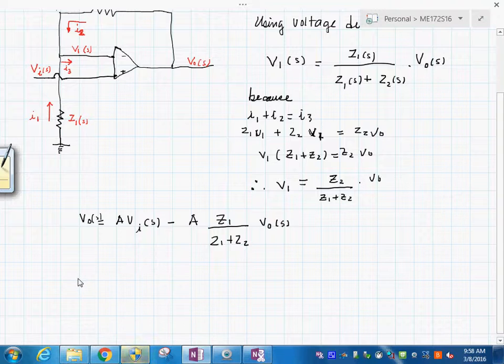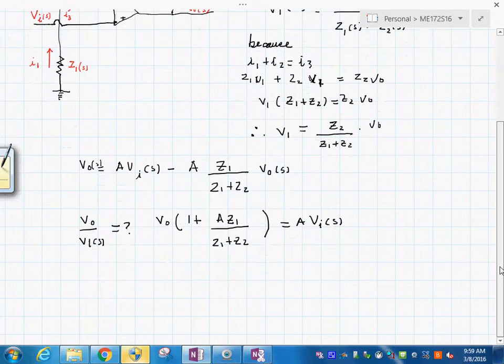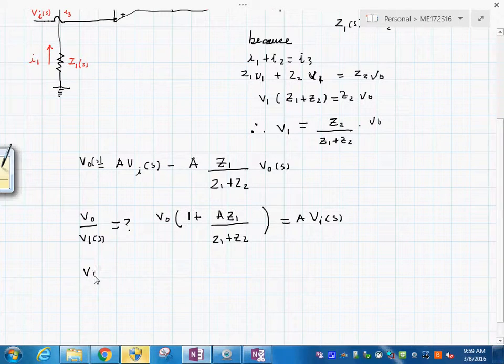If we have V sub 0, you have V sub 0 multiplied by 1 plus A times Z1 over Z1 plus Z2, and this is equal to A times V sub I of S. So it follows that if you establish V out over V sub I, you would have A divided by 1 plus A times Z sub 1 over Z sub 1 plus Z sub 2.